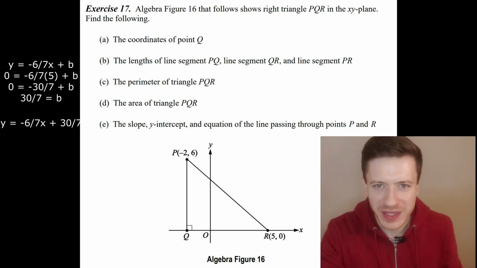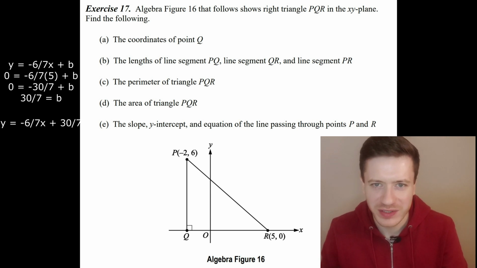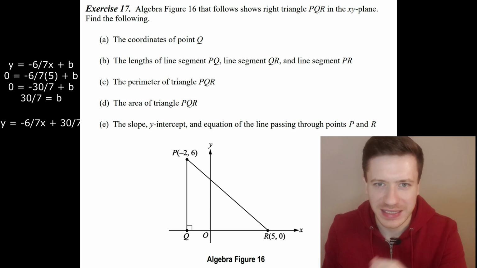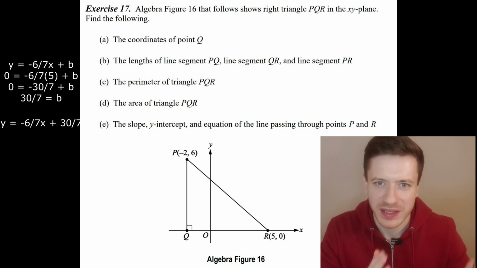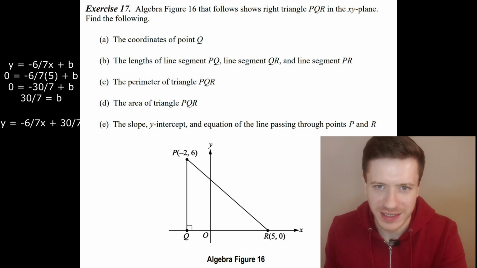We'd times everything by 7 to remove the fractions, giving us 7y equals -6x plus 30, and then move everything to one side, the left-hand side. So we'd have 7y plus 6x minus 30 equals 0. It's the same equation written in a different form.